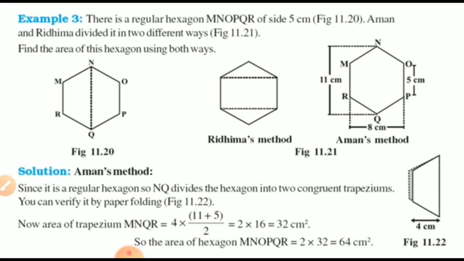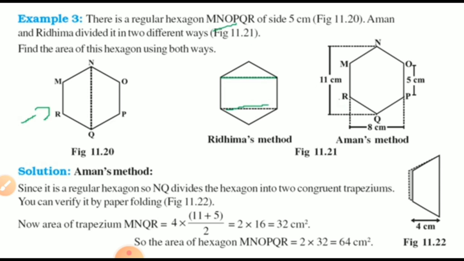Example number 3. There is a regular hexagon, 6-sided, MNOPQR of side 5 centimeters. Regular means all the sides are 5 centimeters, students. Aman and Ridhima divided it in two different ways. Aman and Ridhima, two students, are doing it in different ways.